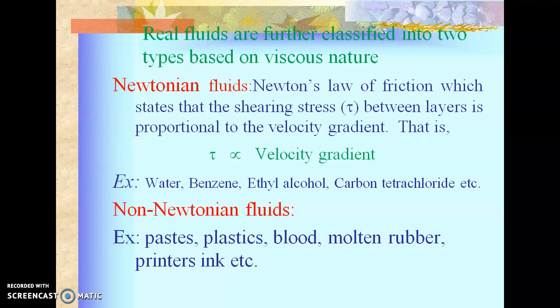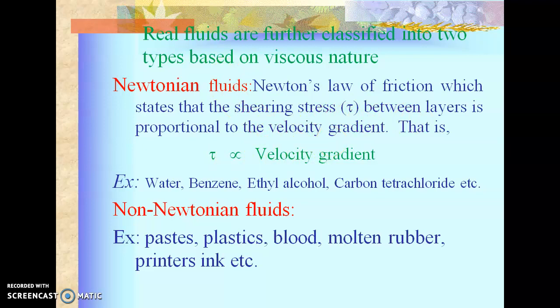Again, based on Newton's law of friction, we will classify the real fluids into two categories: Newtonian fluids and non-Newtonian fluids. Newtonian fluids are the fluids which obey Newton's law of friction, which states that the shear stress between the layers is proportional to the velocity gradient.